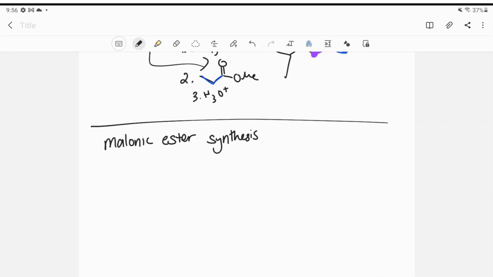Kind of. We're going to see that we're going to use some sort of halogenated compound. We're going to treat it with typically diethyl malonate, and then we'll use one of our bases.